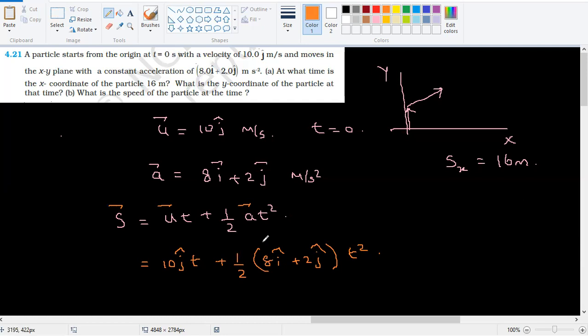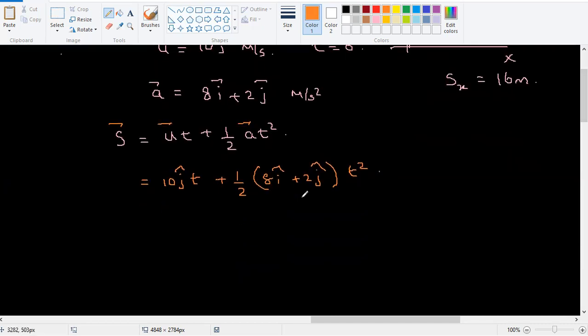So I'm supposed to find the time. At what time? So that means t is what I'm supposed to find. The displacement can be written as Sx in the i vector direction, Sy in the j direction. Why? Because Sx is your displacement in the x direction, so you can multiply by i to make it a vector.